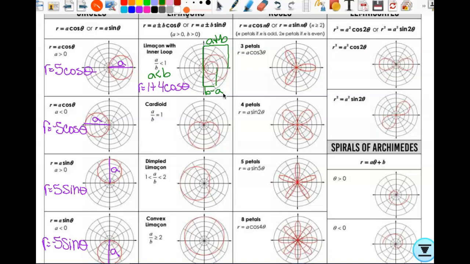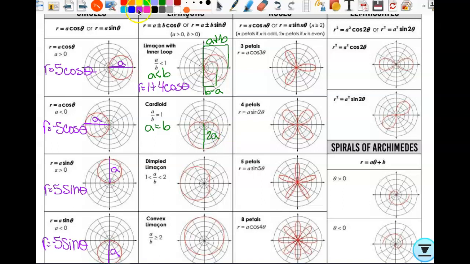The next one is a cardioid because it kind of looks like a heart. This is when a over b equals 1, which means a equals b. Here we only have one r value, which is kind of a plus b because a and b are the same. It's really 2 times a, but that is what a plus b is in this particular case.